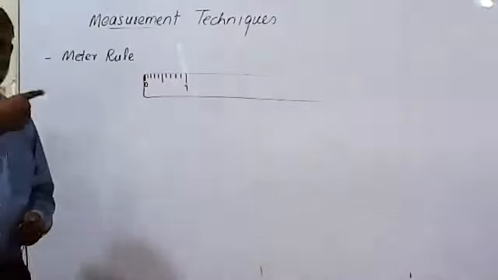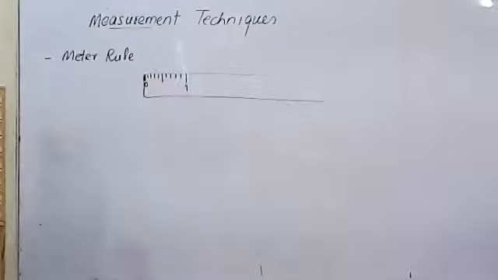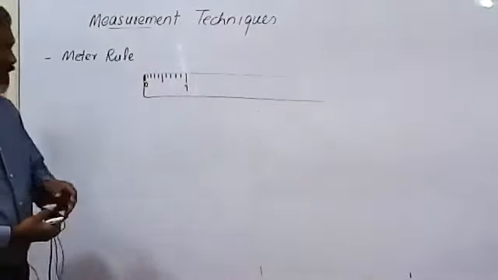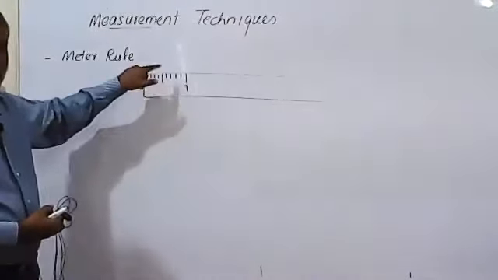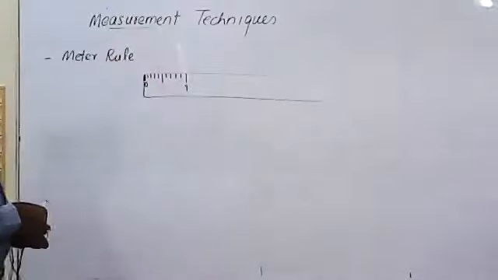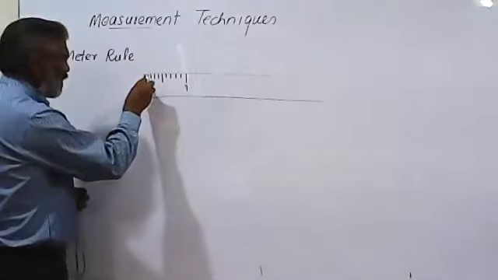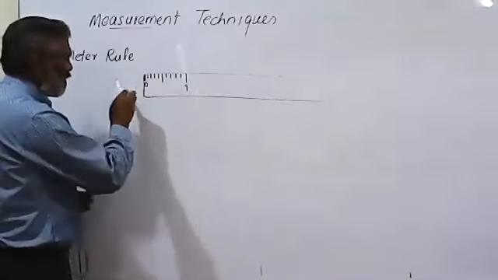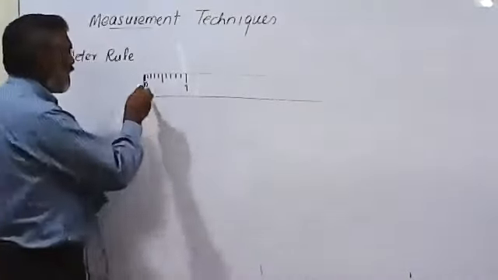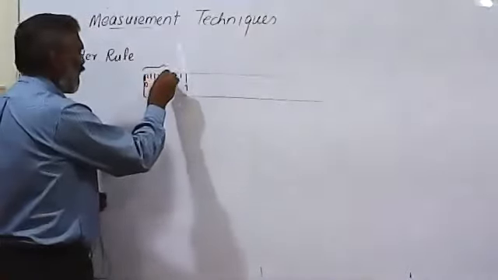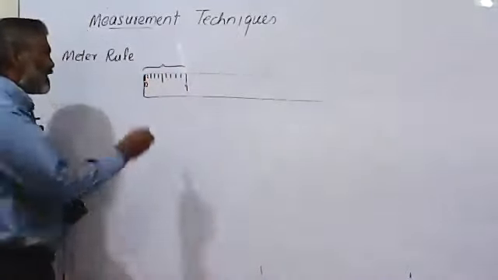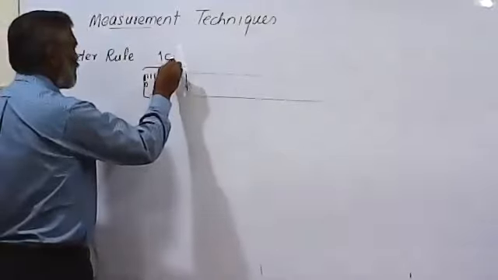Is it visible clearly on the screen? Can you see the divisions? All right. So these divisions are the millimeter scale, and this large division is exactly 1 centimeter.